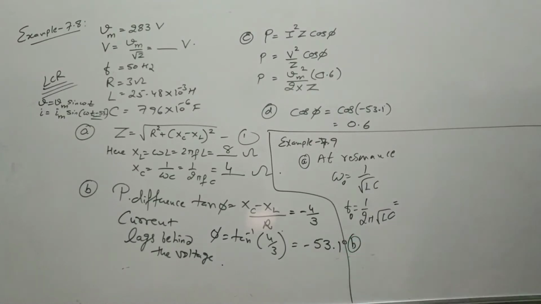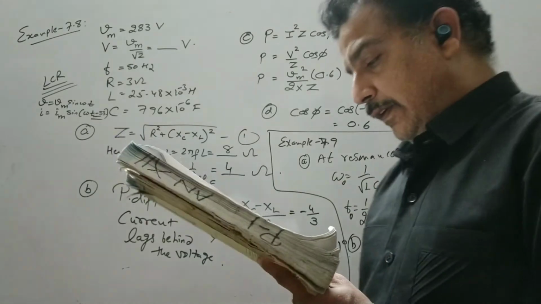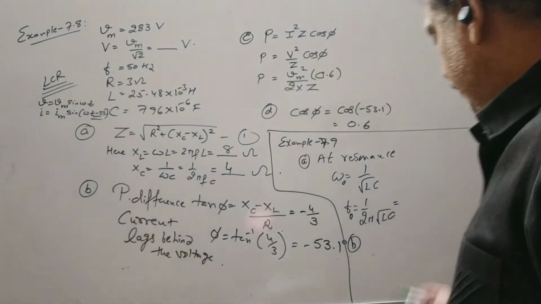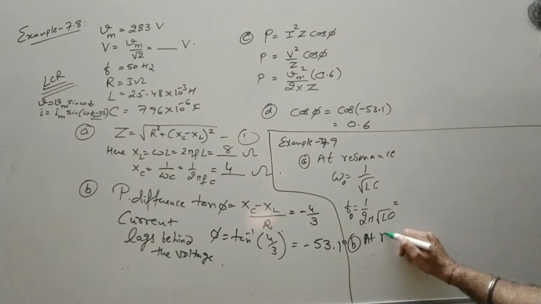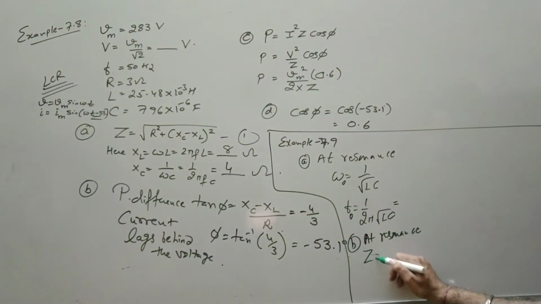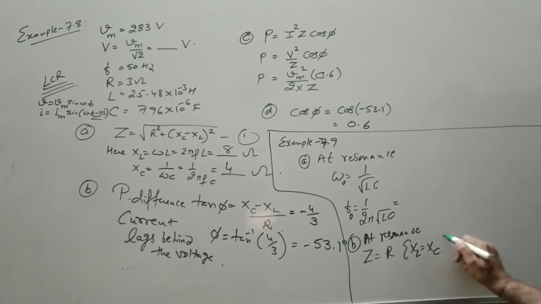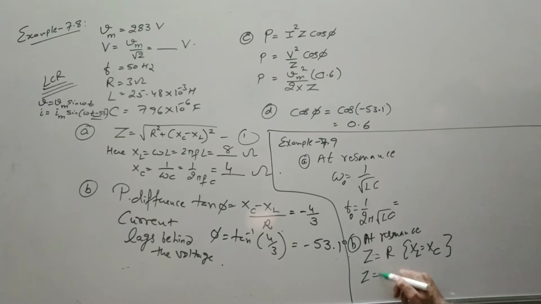Then the second part, they have asked to calculate the impedance. Again at resonance, we know Z is equal to R because XL is equal to XC. So Z is equal to R, and R is 3 ohms. So Z becomes 3 ohms.